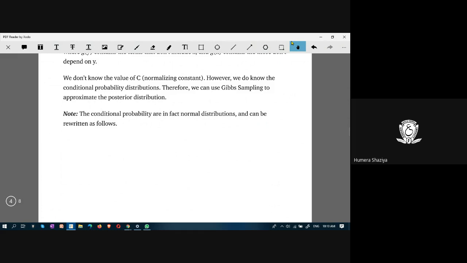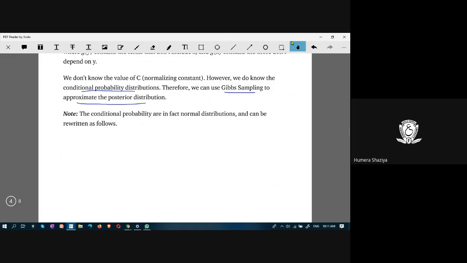Through this conditional probability distribution, we know the occurrence of a particular event, and that value we use to generate the posterior distribution, which is an approximation of the distribution. Gibbs sampling performs that approximation of the posterior distribution, like MCMC, Markov chain Monte Carlo.